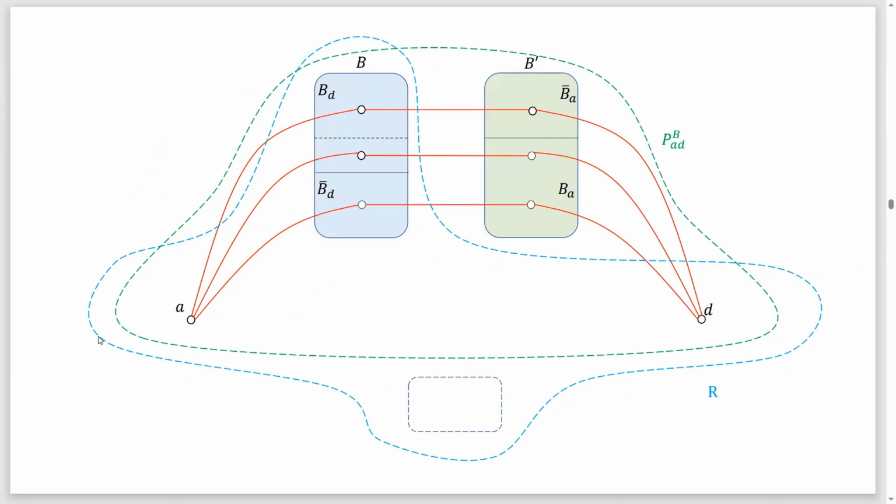In PBAD, we can see that there's only one node A and only one node D. And also there are two sets: B, which refers to the set B in the original instance G for P, and also B prime, which is a duplication of B. So let us link the red edges first.